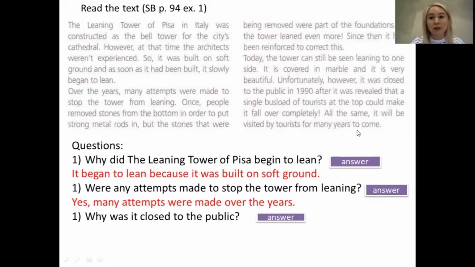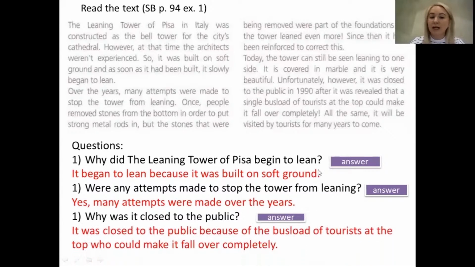So question number 3. Why was it closed to the public? And the answer is, it was closed to the public because of the busloads of tourists at the top who could make it fall over completely.